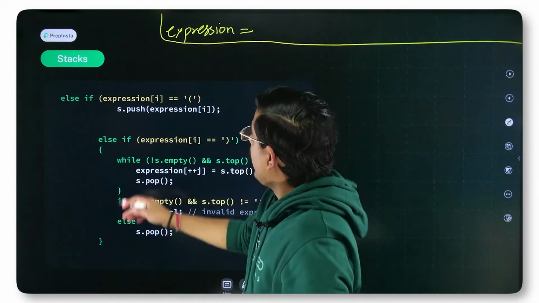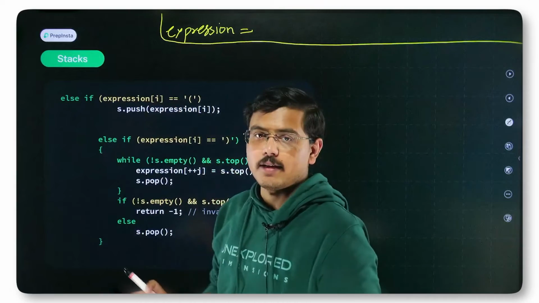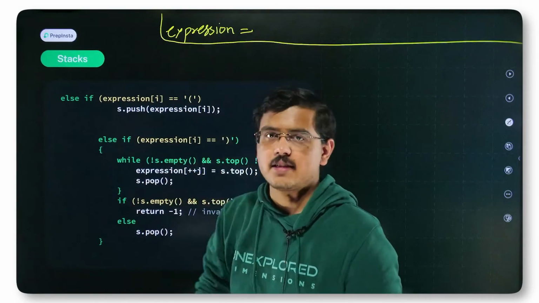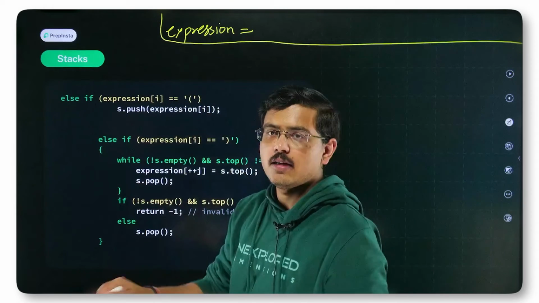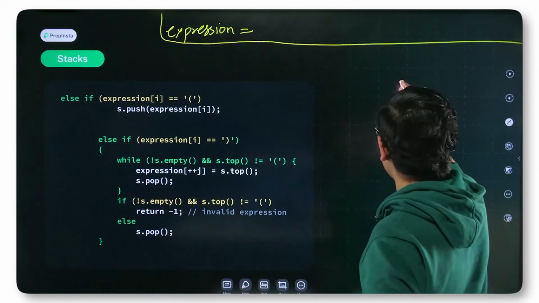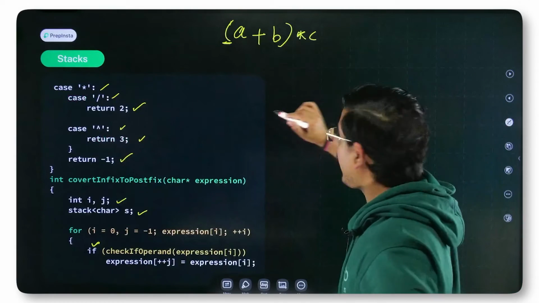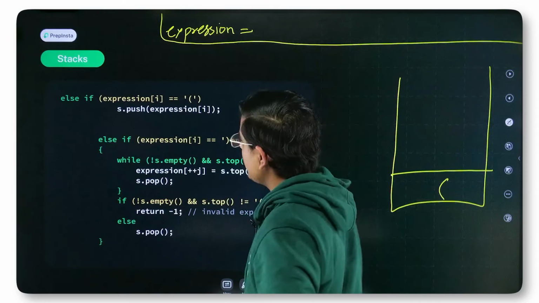Now it is saying else if expression i is equal to opening bracket. Is this condition true? Yes, it is true. So push expression i in the stack. What you scanned was the opening bracket, so push it in the stack.